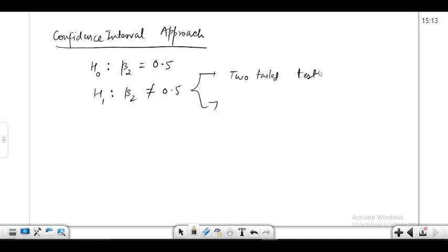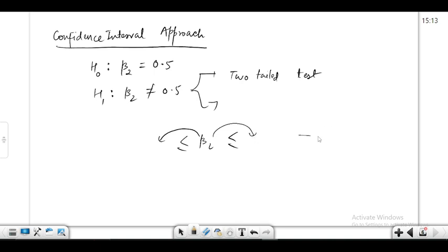We'll see why. If I have to create an interval, my beta 2 value will lie in a range, either below some value lower than beta 2 or above some value more than beta 2.